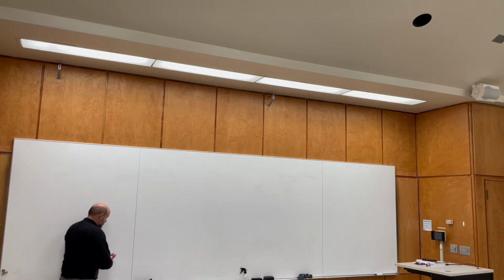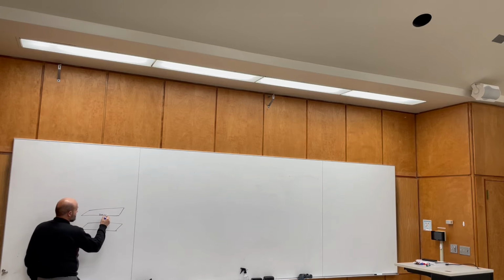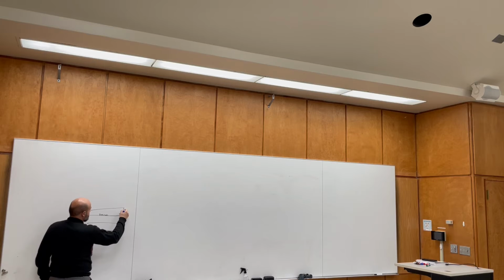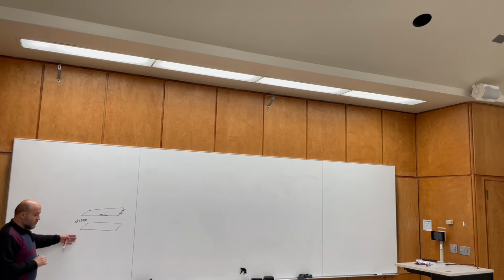In the example we did yesterday, there are 2 plates, this 20 centimeter, same numbers we used in the previous class, and D is 1 millimeter. So I want to remind you of the numbers. We already did the calculations yesterday.